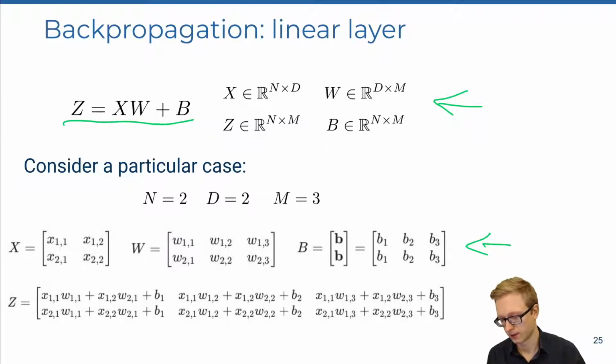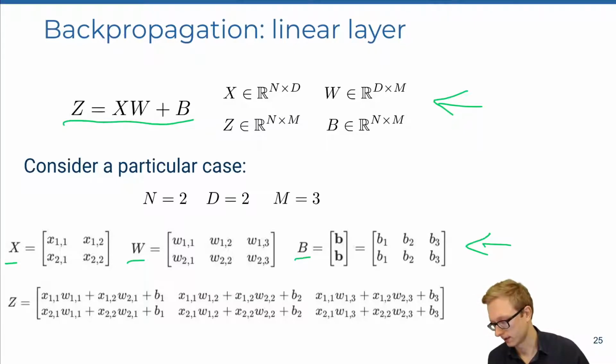We have a 2 by 2 X matrix, a 2 by 3 weight matrix, and a 2 by 3 bias matrix, which is actually just the bias vector repeated twice because each neuron in the layer only has one bias, so one real valued bias.